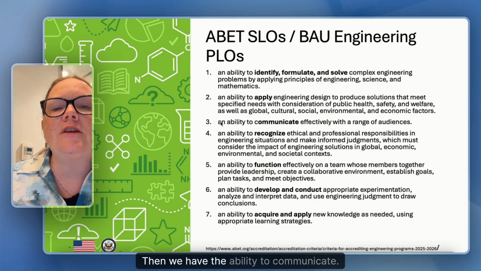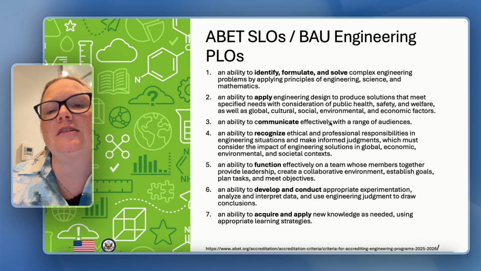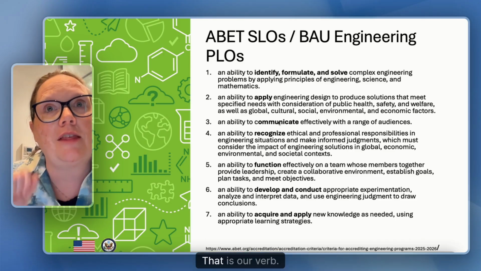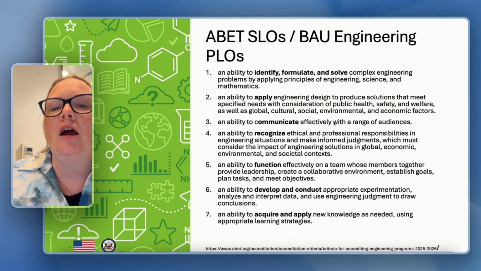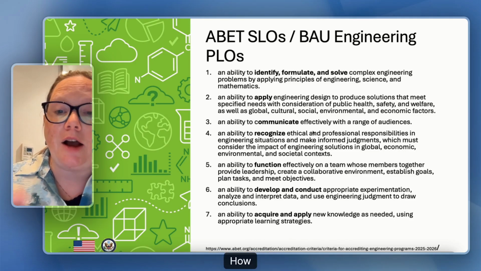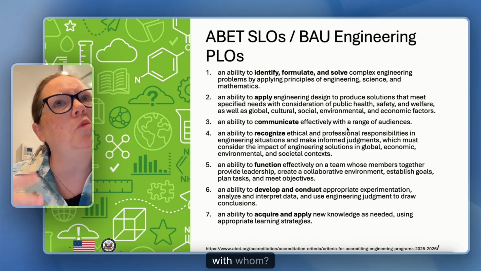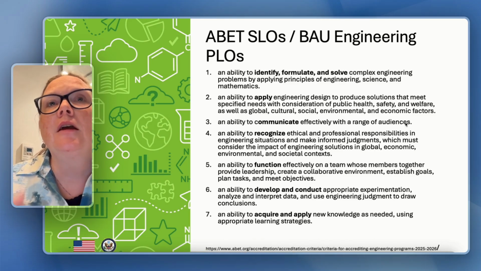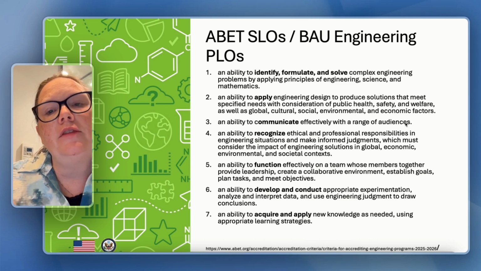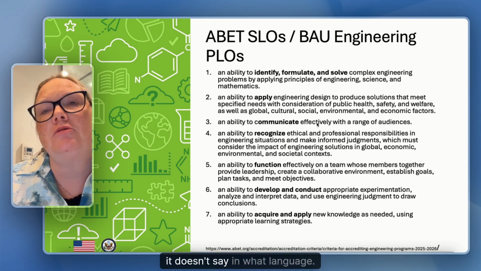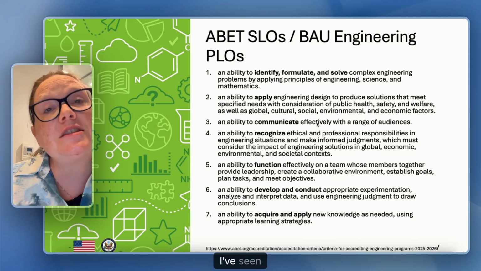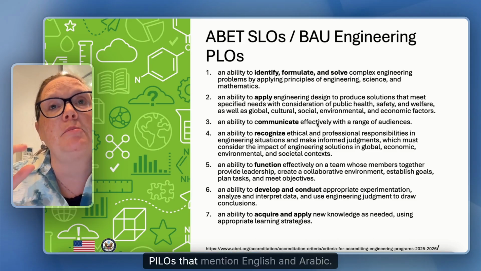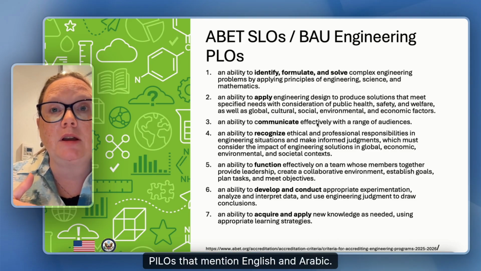Then we have the ability to communicate. Communicate, that is our verb. Effectively, how, and with whom, a range of audiences. Now, in this case, it doesn't say in what language. I've seen PILOs that mention English and Arabic.